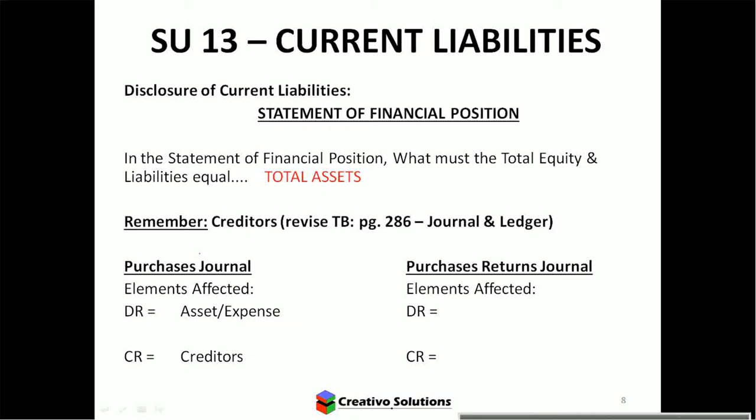Okay, it's the day-to-day running of the business. Purchase returns. What type of account is a purchase return? So creditors will be debited. Yes. Okay, the opposite. And what will be credited? The asset or the expense? Okay, you're reducing it.